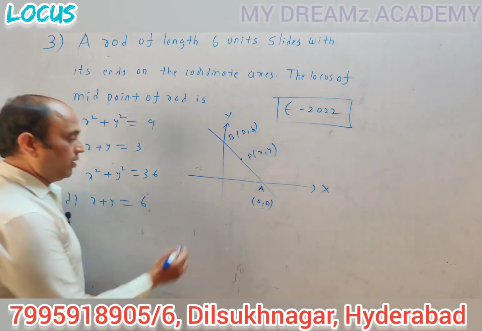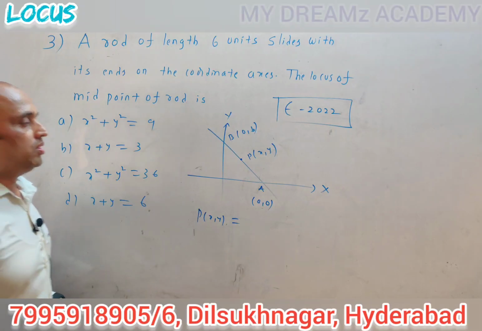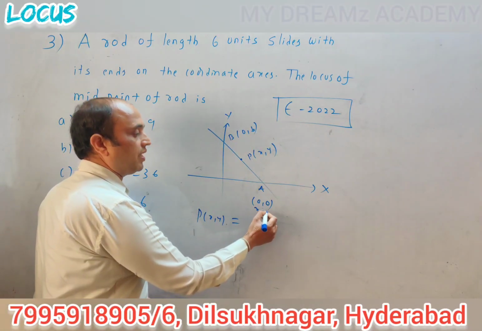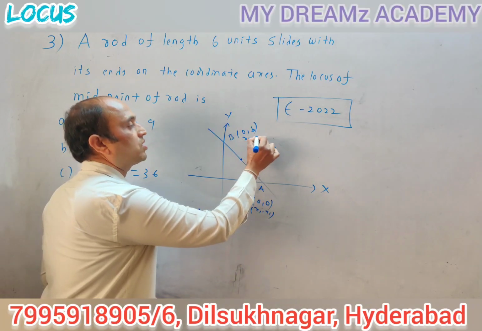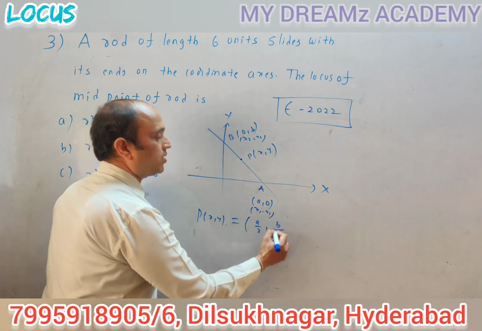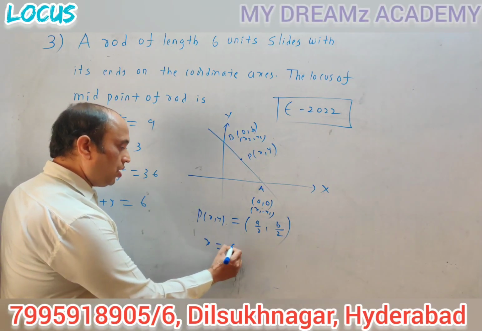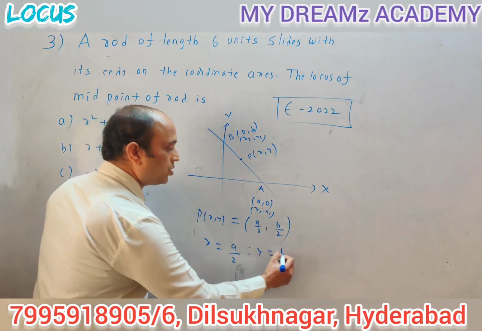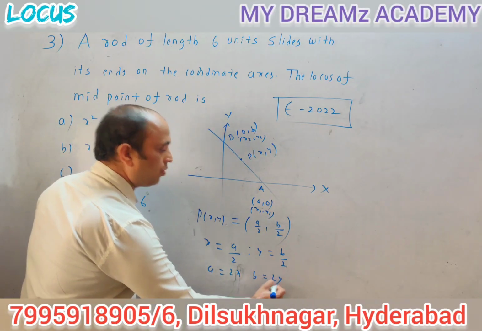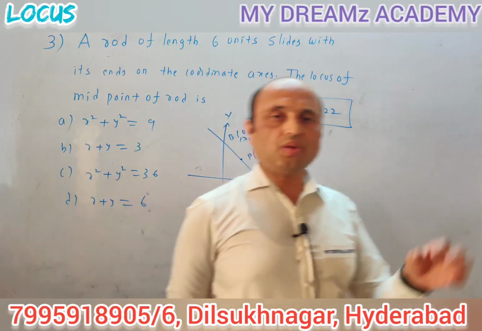We already know that A is (a, 0) and B is (0, b), so using the midpoint formula (x1 plus x2 by 2, y1 plus y2 by 2), x is equal to a by 2 and y is equal to b by 2. So a is equal to 2x and b is equal to 2y. These are the values of a and b in terms of x and y.